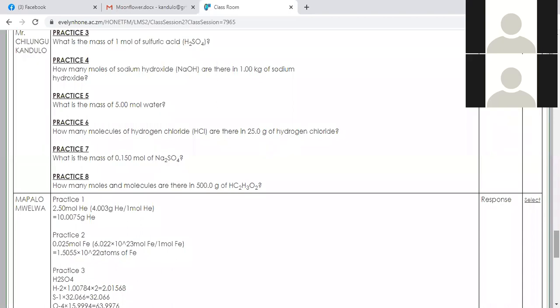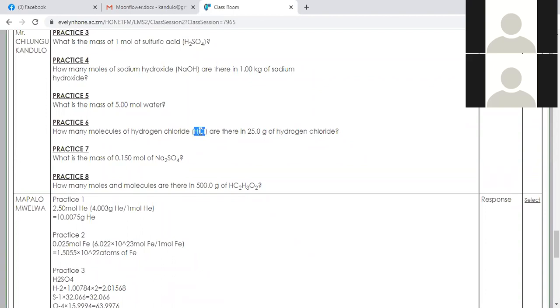Then question 6 for hydrogen chloride. So you have HCl. You have been asked for how many molecules. So this thing is asking you for how many molecules.